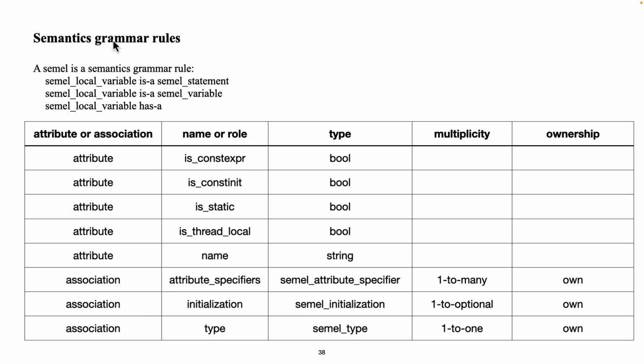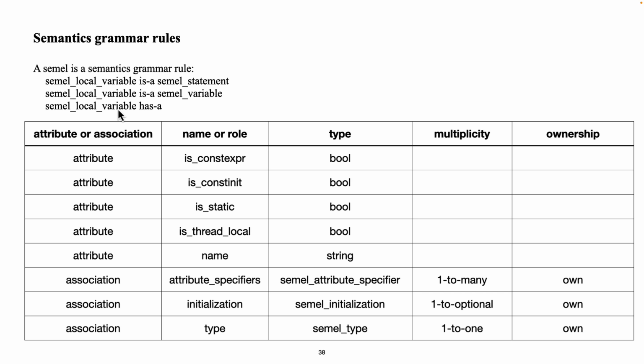A rule in a semantic grammar says that a left-hand side can be replaced by a right-hand side. Rules come in two flavors: Isa rules and Hasa rules. A local variable is a statement. It's not a simple declaration. It is a Semel statement. A local variable is a variable. There are several kinds of variables: namespace member variables, class member variables, formal parameters, local variables.